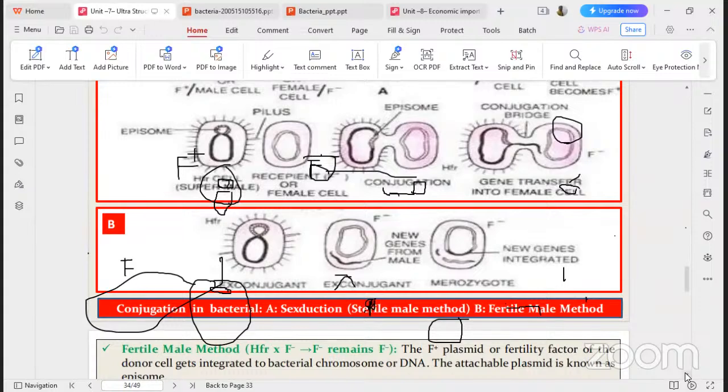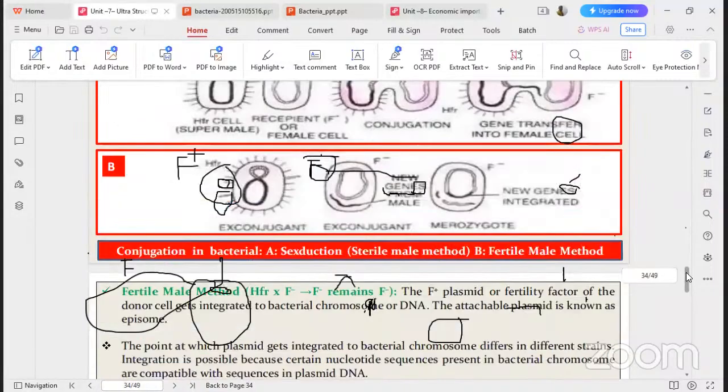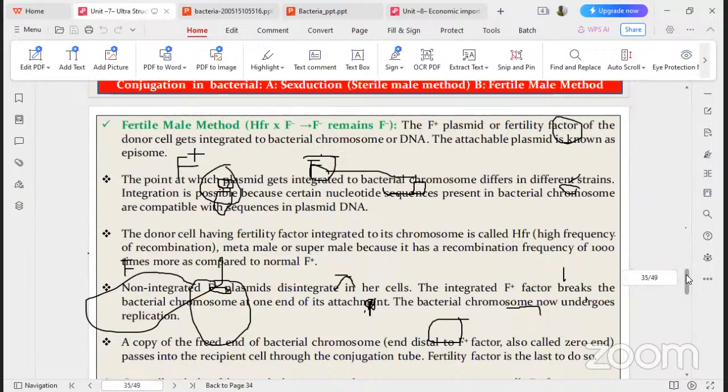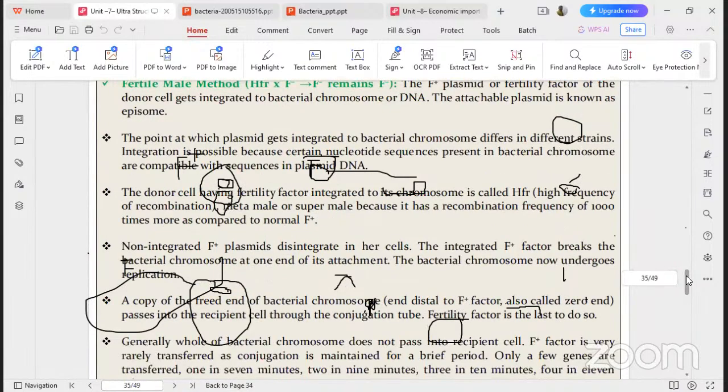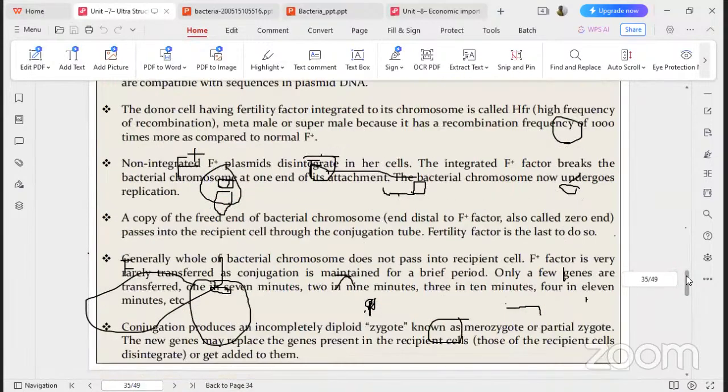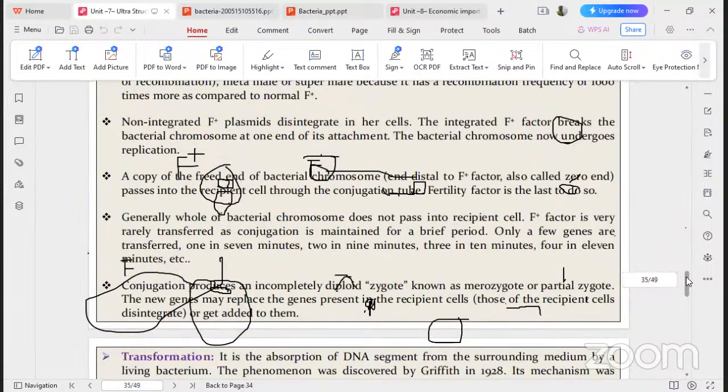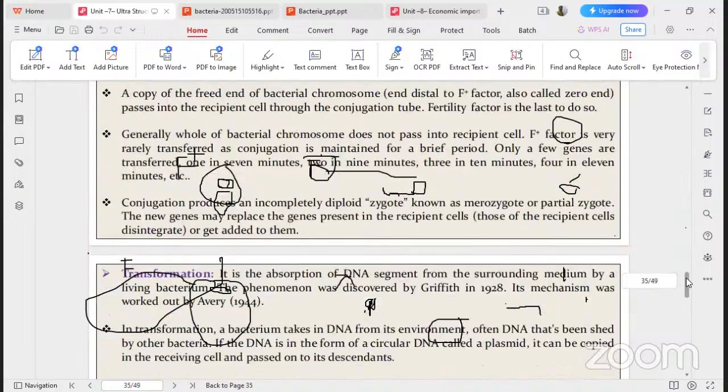That is HFR, high frequency, meaning fertile male with female F minus. This is obtained in lambda phage, especially in transduction. HFR means mixed with the normal genetic material.